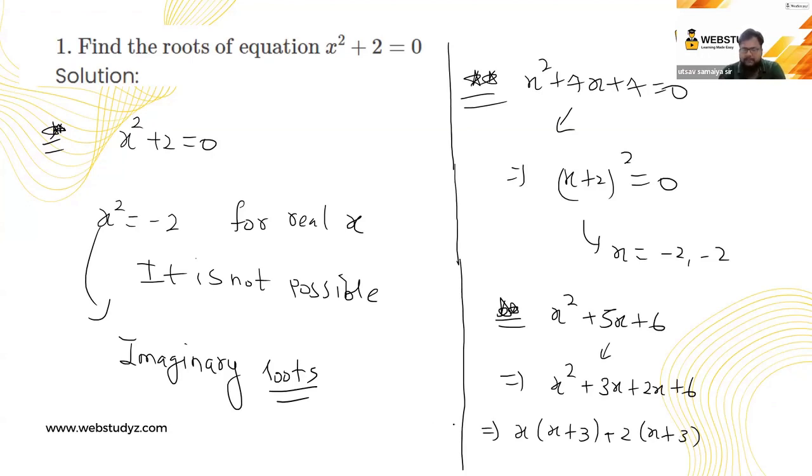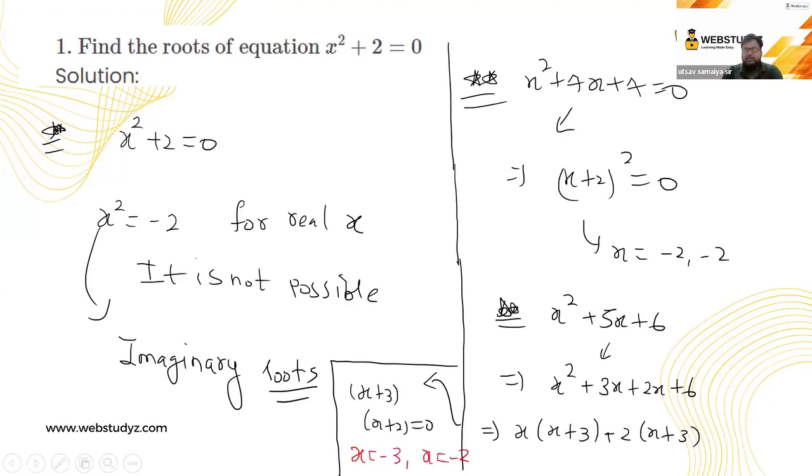So what do we get here? x plus 3 into x plus 2 is equal to 0. So from here, what do I get? x equal to minus 3, x equal to minus 2. So these are the roots of the quadratic polynomial.